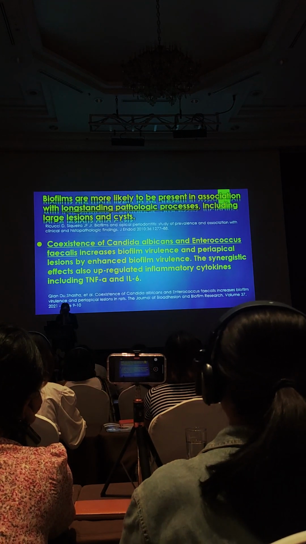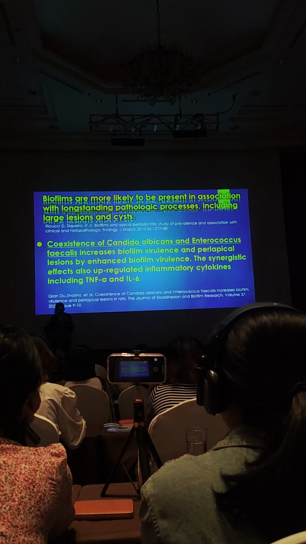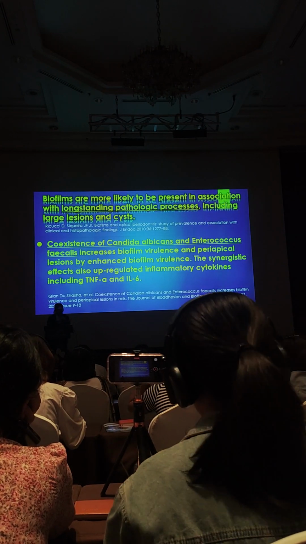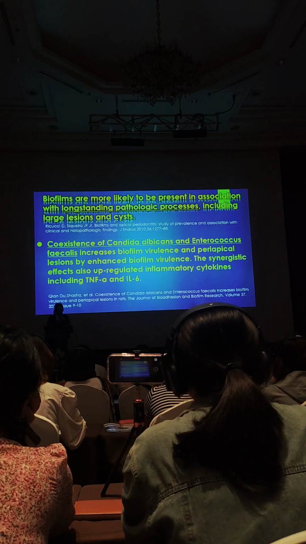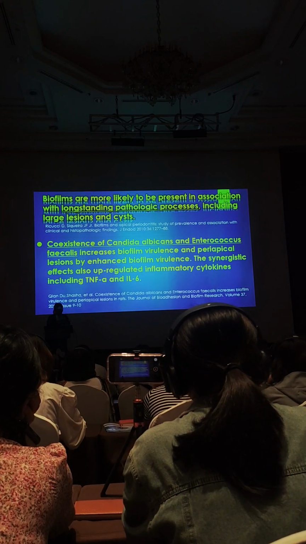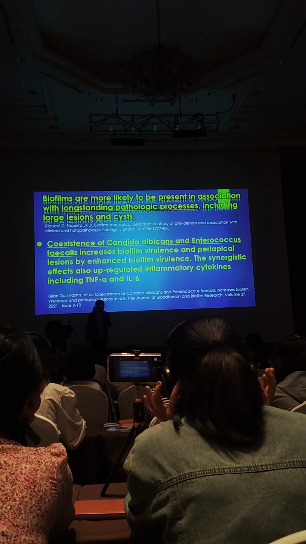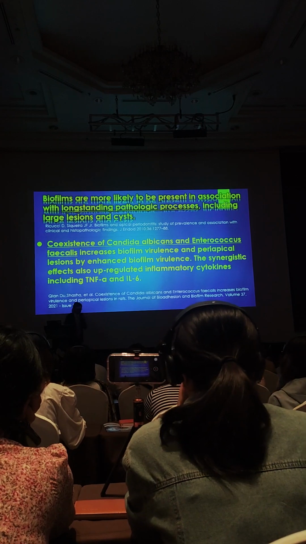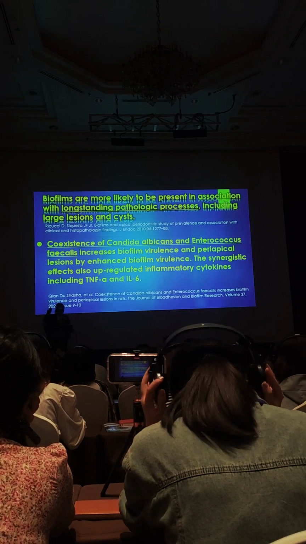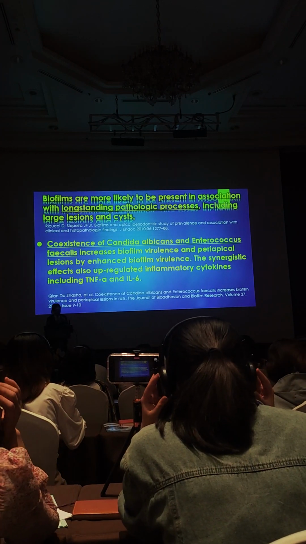So biofilms are more likely to be present in association with long-standing pathologic processes, including large lesions and cysts. So whenever you see a big lesion, more than 10 millimeters in diameter, probably in a higher percent, you have biofilms there.